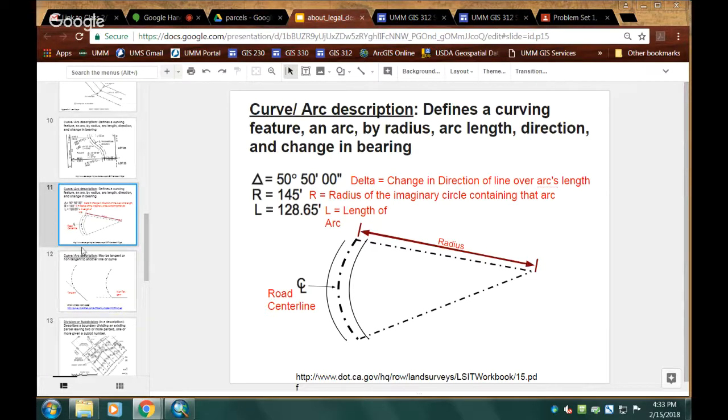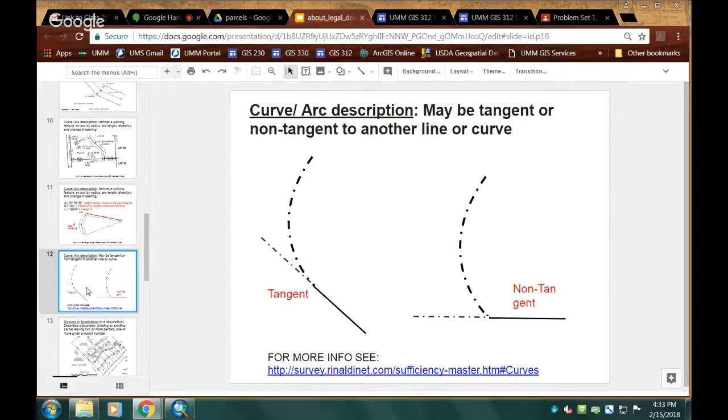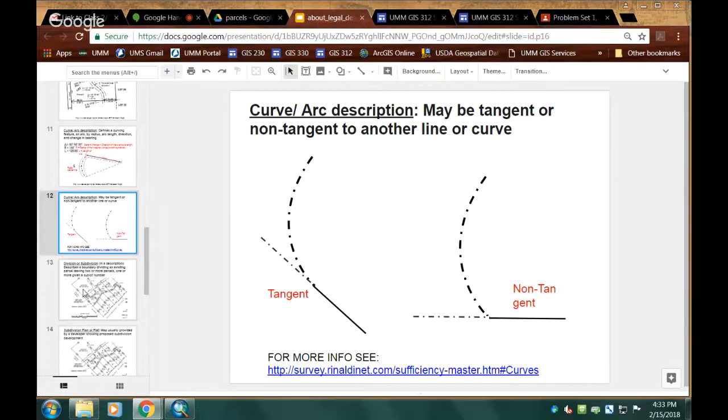And so those are important pieces. And an arc can be tangent, which means that it begins going in the same direction as a line that it's attached to, like this. Or not. It can turn a corner right at that point, right? And so it'll be described based on where it begins in terms of where it points as it turns off.